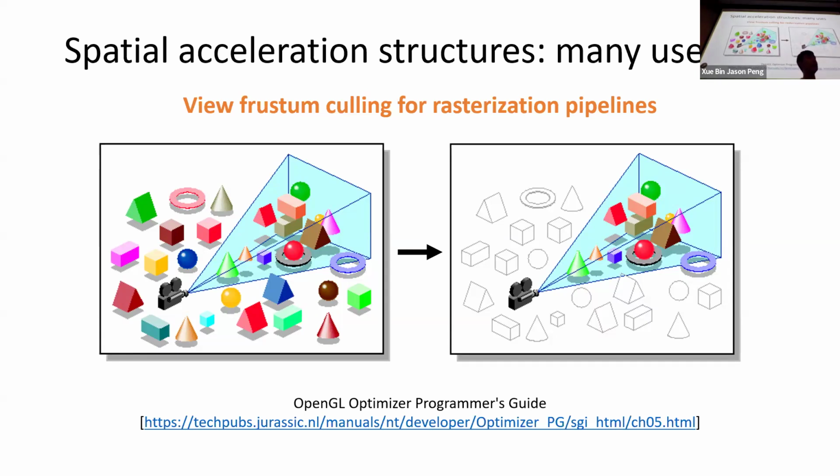And anything outside the view frustum will be objects that are not going to be visible. And this is another form of an intersection test, where we have to detect intersections between the view frustum and the objects in the scene. And again, we can use spatial acceleration data structures to make this kind of intersection test more efficient.